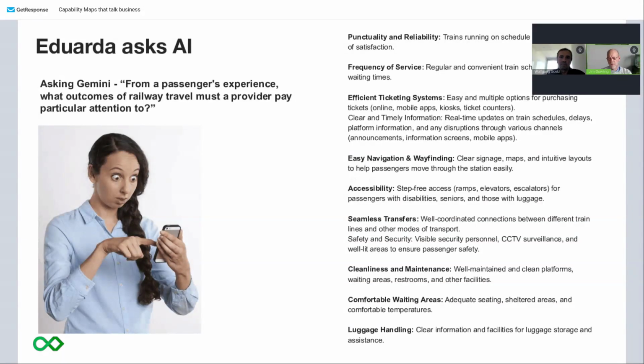Get on 3, 4, 5 different generative AI applications online and pose the same prompt to all of them and compare the answers and ask the question, how did, and give your competitor's name, overcome the challenge of, and whatever the shared challenge that you have is, and then compare and extract.